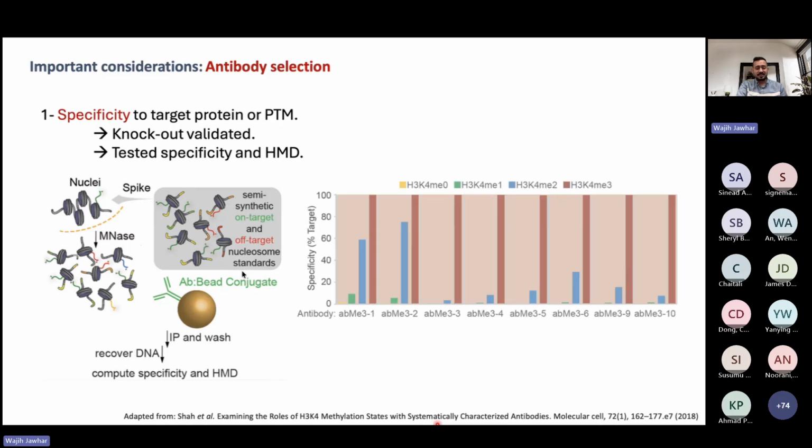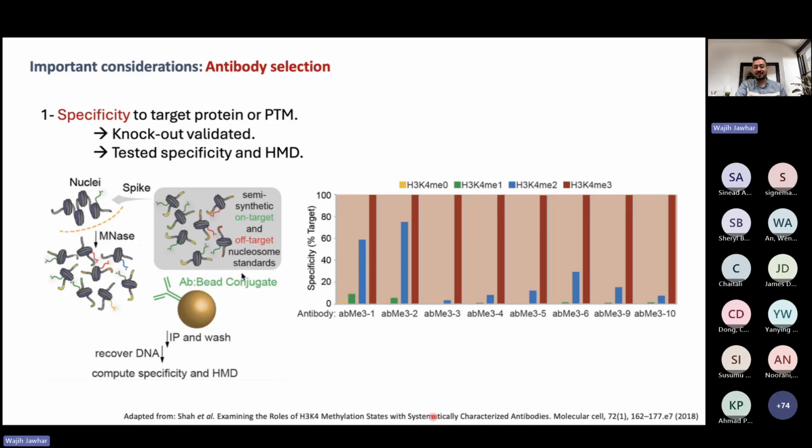And you can see in this example, this group was testing different antibodies against K4 trimethylation. And in the set, the first two antibodies also promiscuously bind to K4me2 at high avidity.